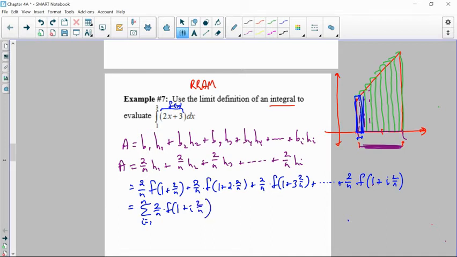This is such a clean way to express this. Every one of these elements has a 2 over n. Every one of these elements starts at 1. Every one of these elements adds the first increment of 2 over n, the second increment of 2 over n, the third increment of 2 over n, the ith increment of 2 over n. So each of these base times heights can be represented by this.